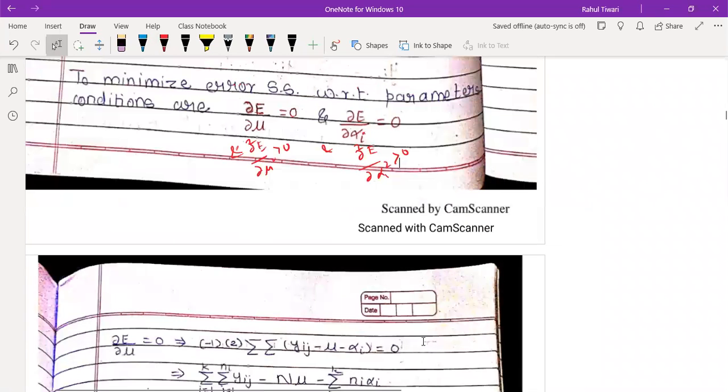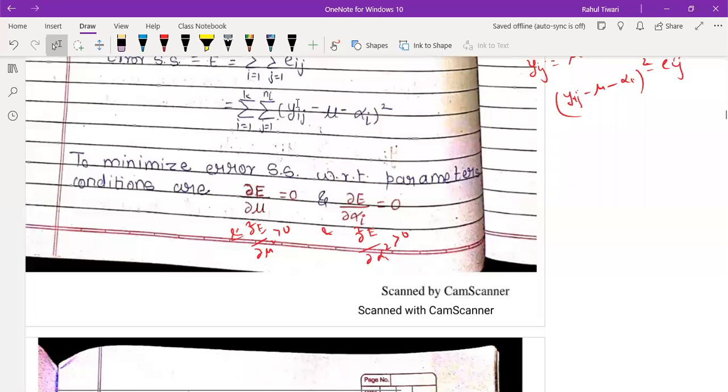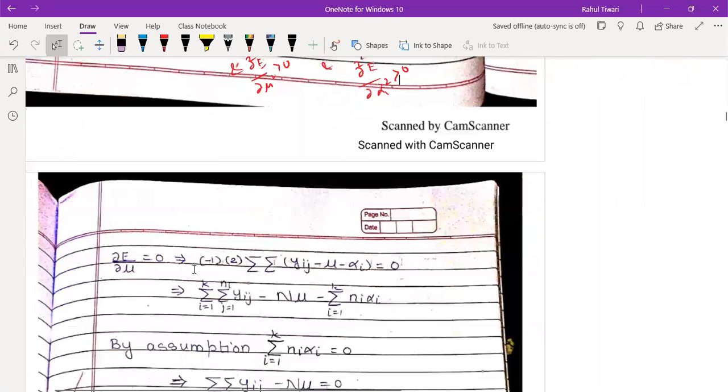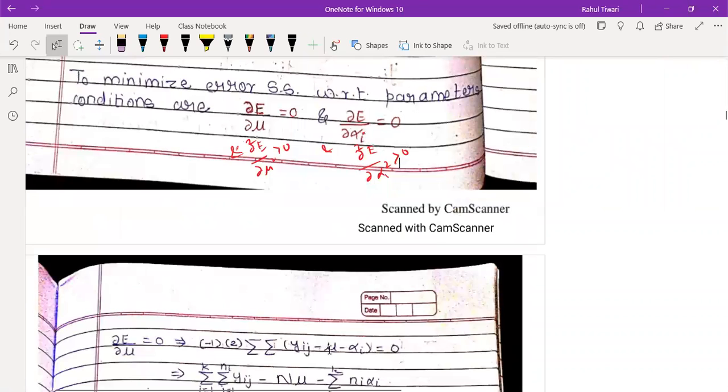Now tell me, if you take the derivative with respect to mu here, what could be your answer? So it's minus 1, yeah, and 2 will come. So it's 2 times the double summation of Y_ij minus mu minus alpha_i, and again the derivative of mu, which is minus 1, equated with 0, right?